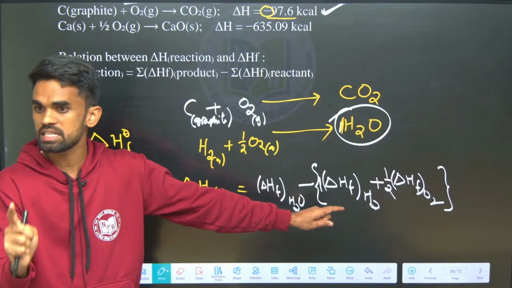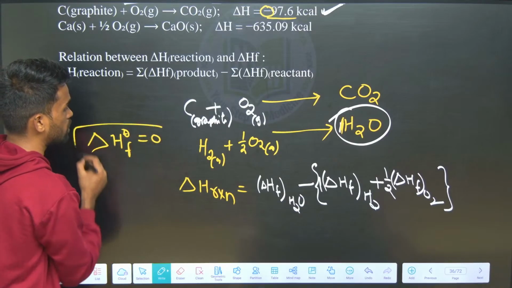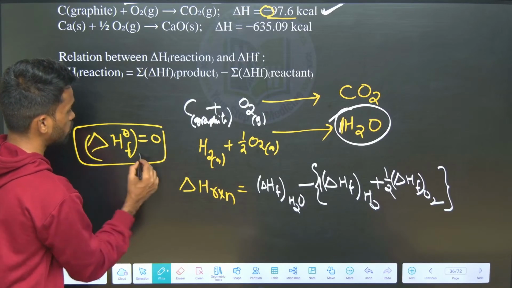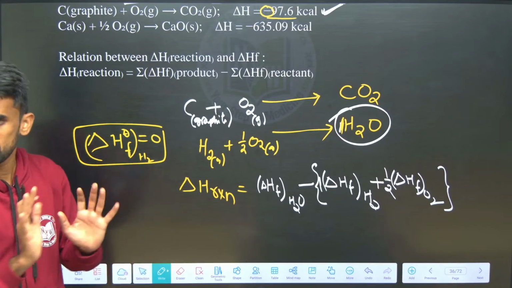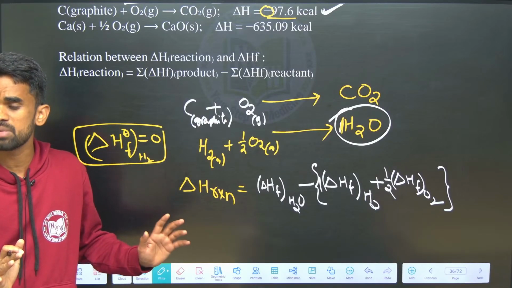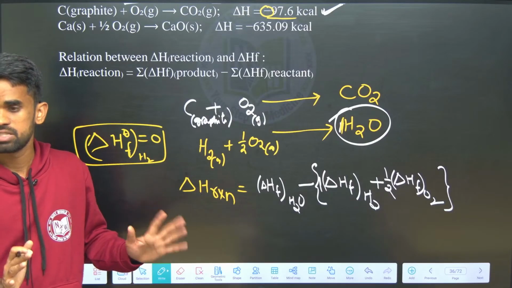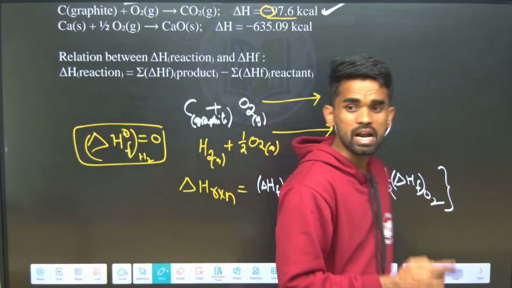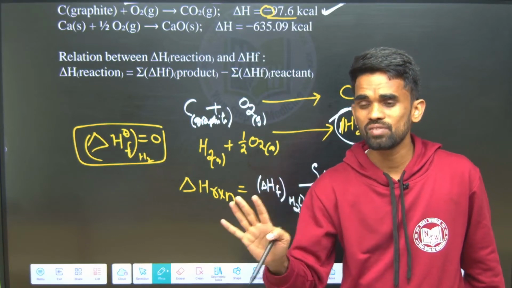H2 in gaseous state. So the enthalpy of formation or enthalpy of combustion values will be 0 for H2 in its standard state. For any species in its standard state, the standard enthalpy of formation and combustion will be 0. So for carbon in graphite form you should say it as 0. In diamond form it will not be 0.